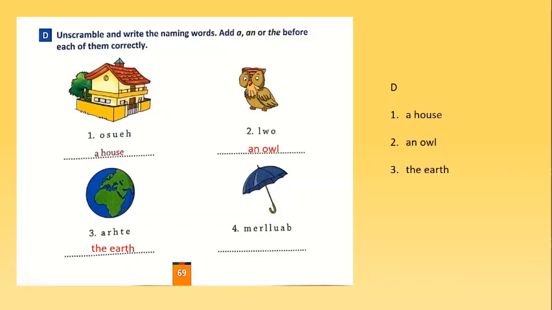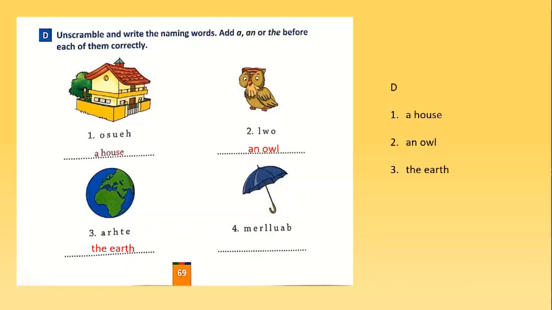Children, always remember the 3 examples: sun, moon, earth. With all these 3, we use article the. Even if it begins with a vowel or a consonant, we will not look at that. We will use article the. And the last picture is that of an umbrella.